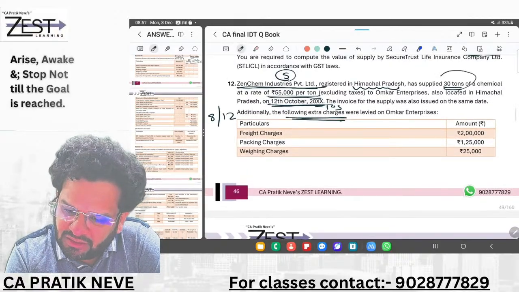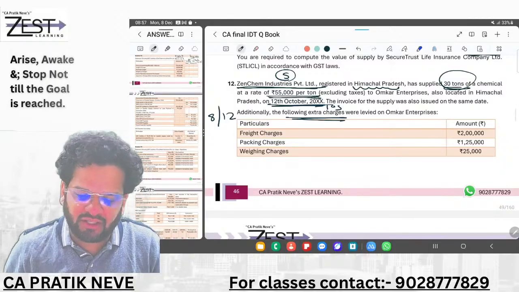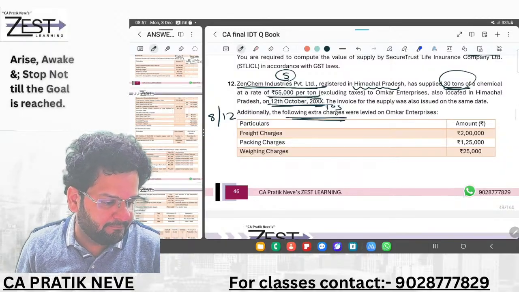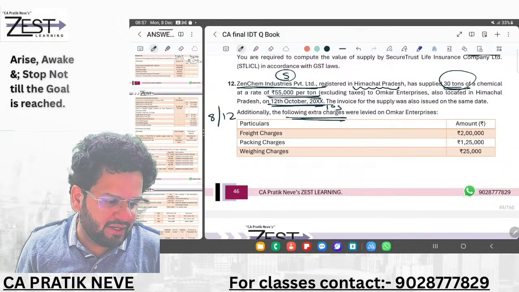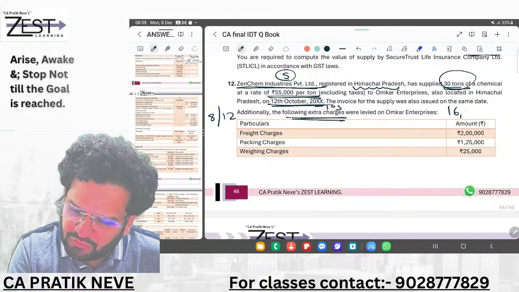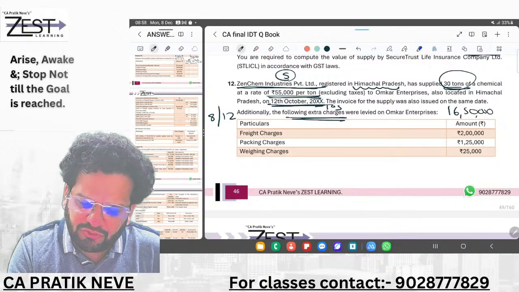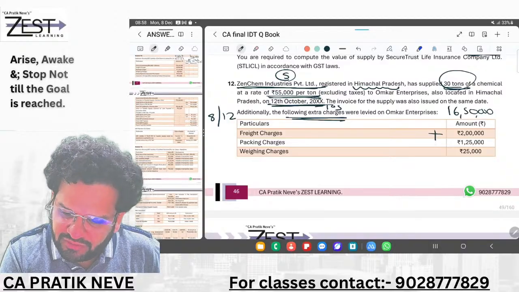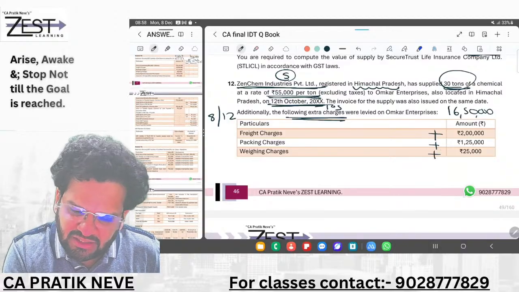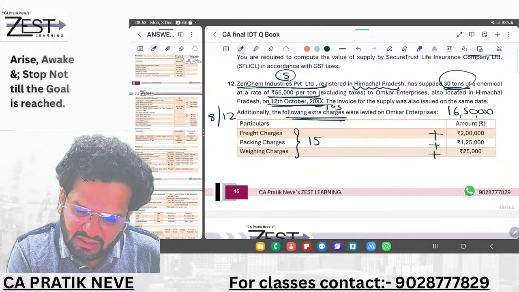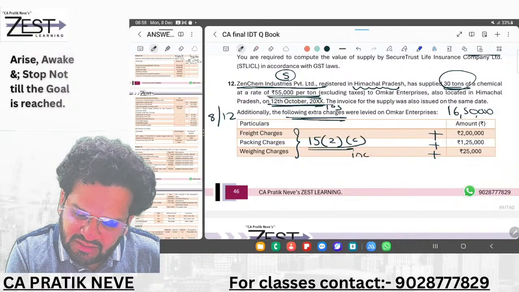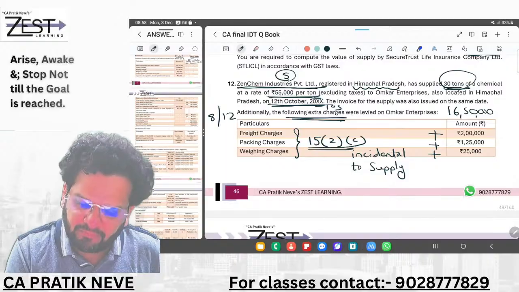So basically 30 tons into 55,000 per ton is the original value, 16 lakh 50,000. Apart from that, he got freight charges, packing charges, payment charges. They are all expenses which are incidental to supply, so they should all be included.